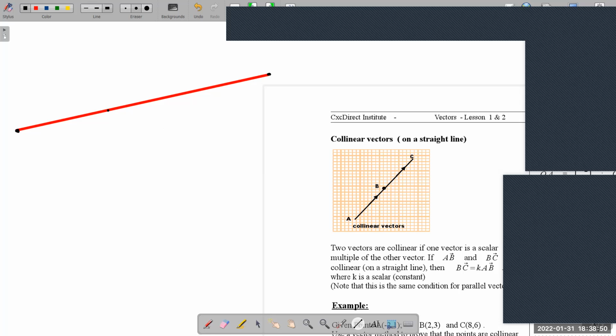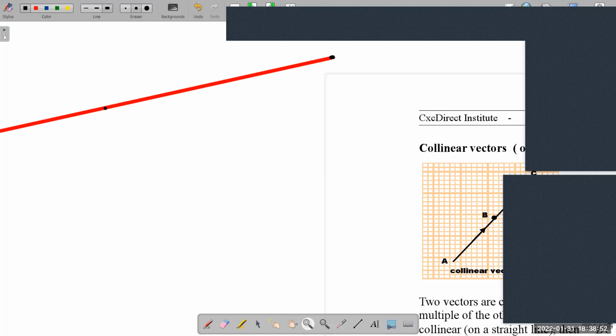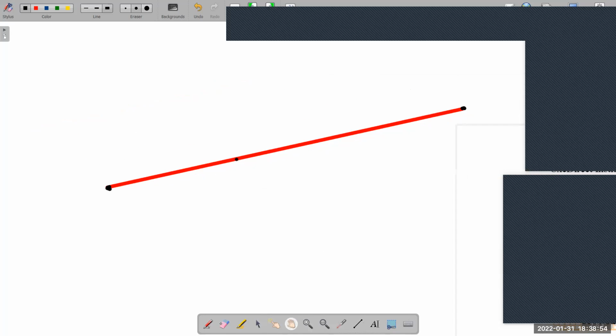So based on this diagram, how many points do we see on this one line here? How many points are you guys seeing? 3. All right. So in this case, if we call these points A, B and C, all 3 points lie on the same line.